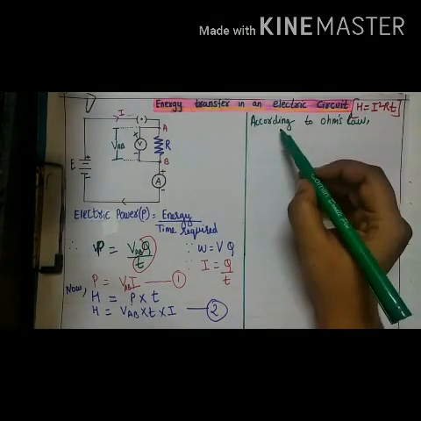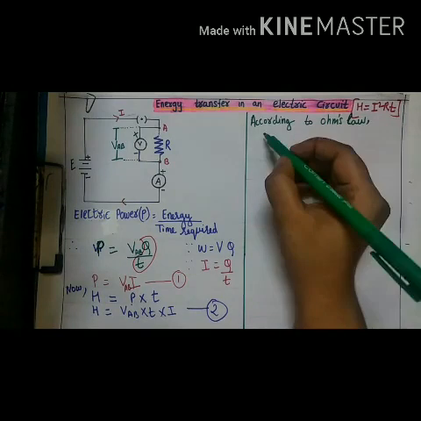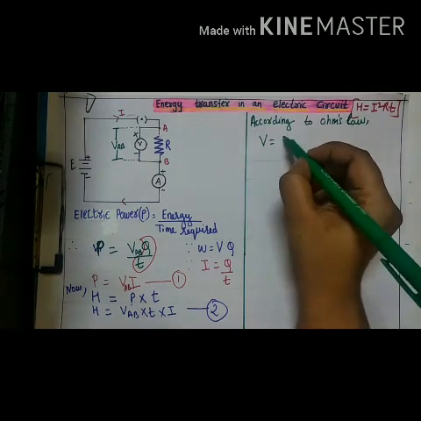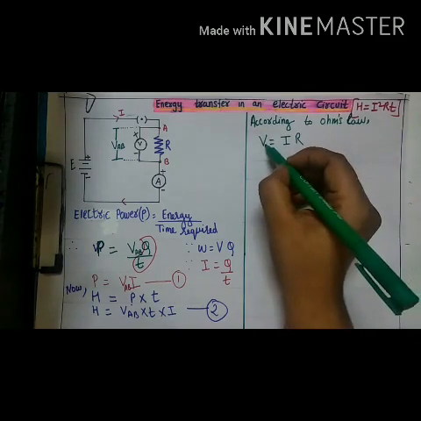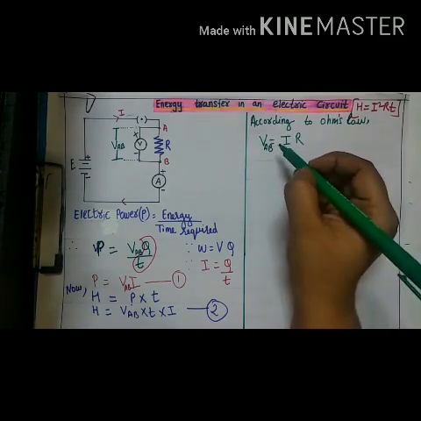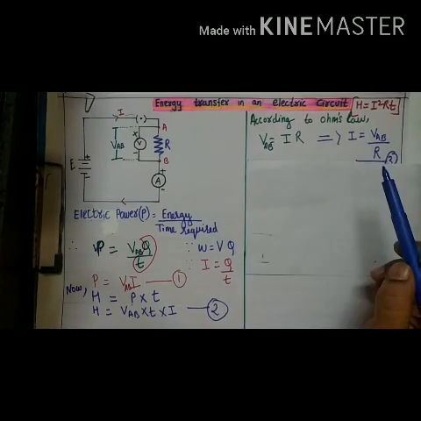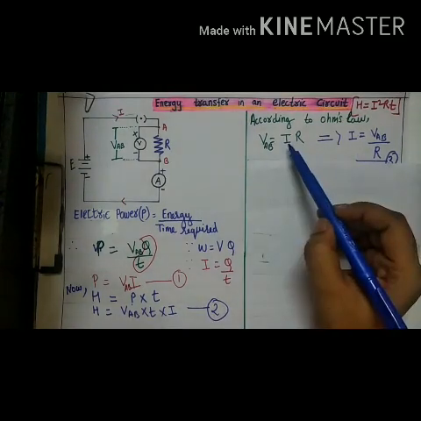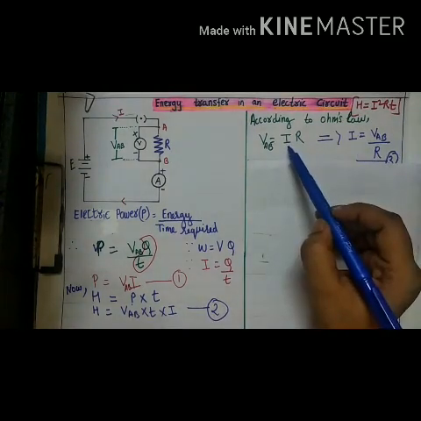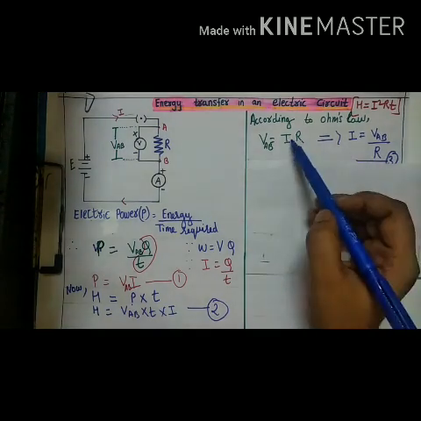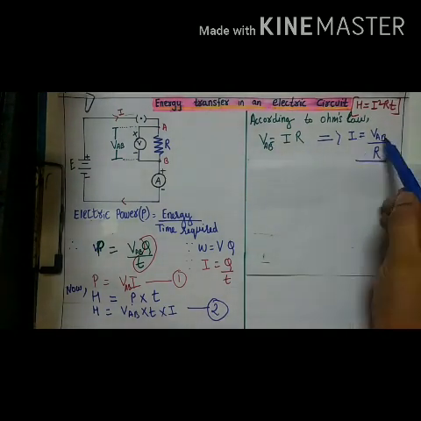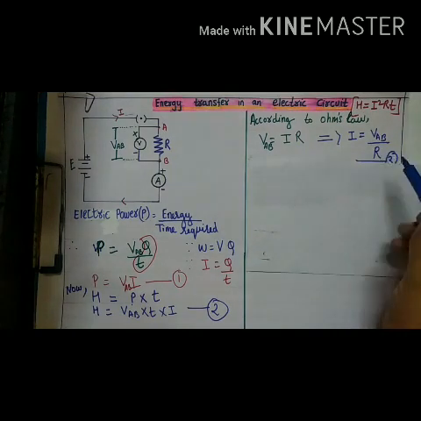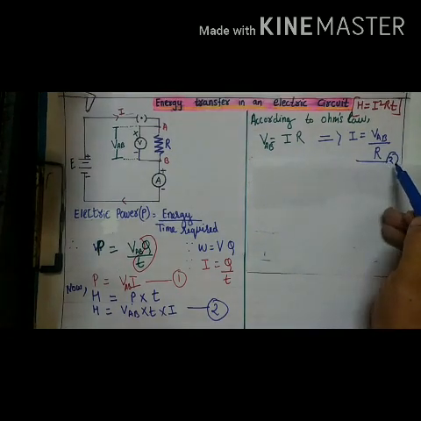Students, we know according to Ohm's law, V = IR, that is the potential difference across AB. If the value of I is unknown, I can be calculated by rearranging this formula, that is I = VAB upon R, equation number 3.